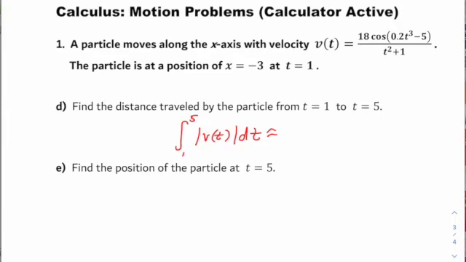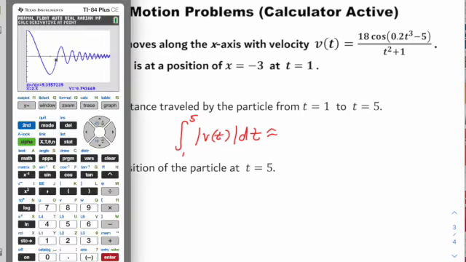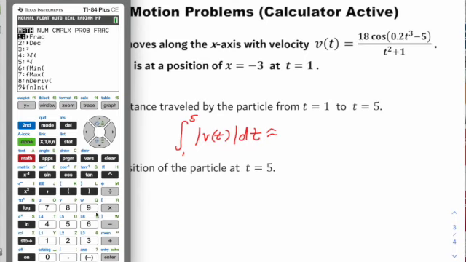And now to do this on the calculator, I'm going to bring this up. This is sort of one I think I'm going to do on the home screen. So I'm going to quit second mode. You can always get back to the home screen that way. Math 9, which is the integrate feature, from 1 to 5.